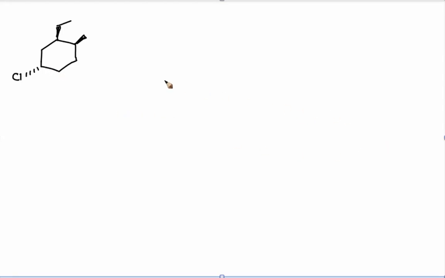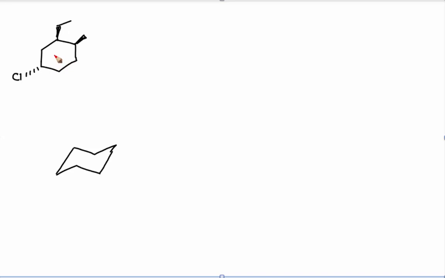Okay, so let's just start by drawing a chair. And do your best to keep your angles as neat and straight as possible. Then what I'm going to do is number my carbon atoms.